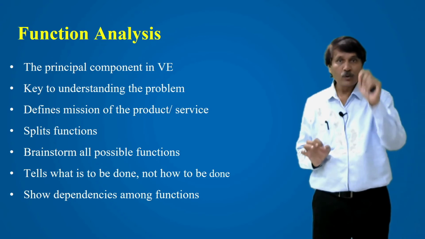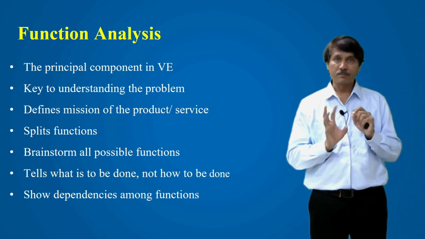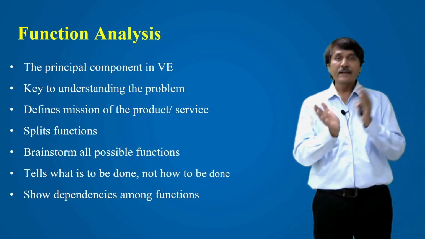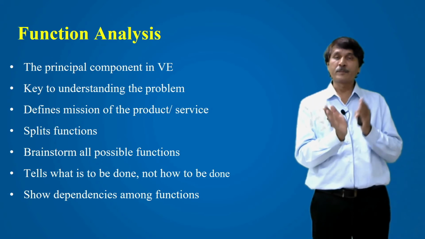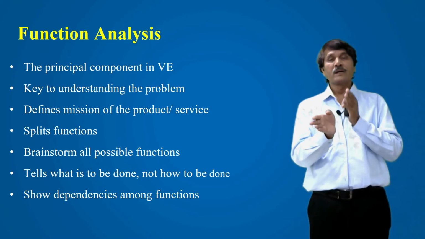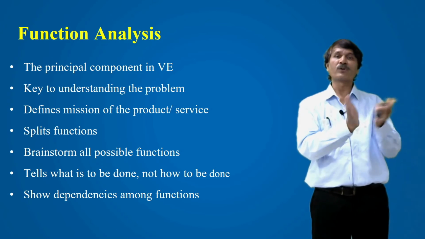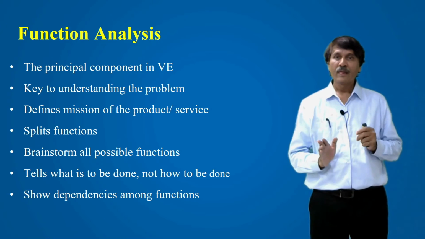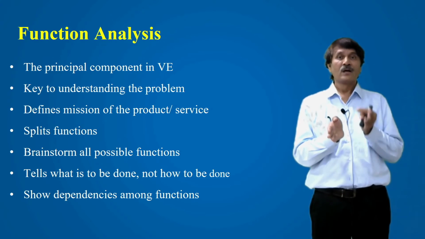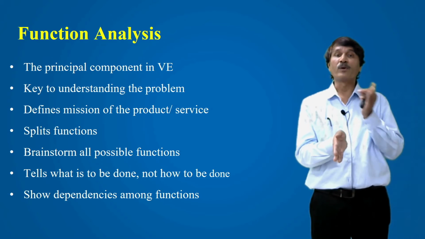But how to be done, this is not your job. You have said that these are the requirements, and let the other people, the product development people, the design people, or engineers decide in what way that is going to be carried out. And you show the dependencies among functions, that is, which function is dependent upon which function.